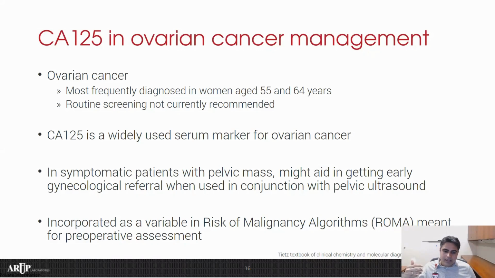CA125 also has another utility. So it is incorporated as a variable in some algorithms. And an example here is risk of malignancy algorithms, ROMA, which are meant for preoperative assessment.